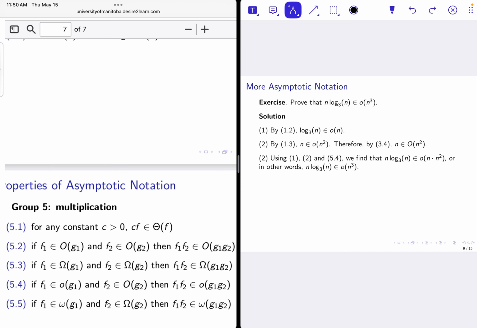So for functions f1, f2, g1, and g2, if f1 is in little o of g1 and f2 is in big O of g2, then f1 times f2 is in little o of g1 times g2. Cool. It's a product rule.